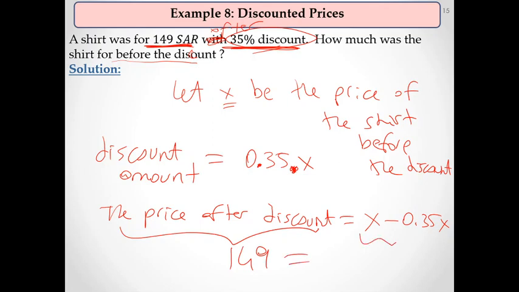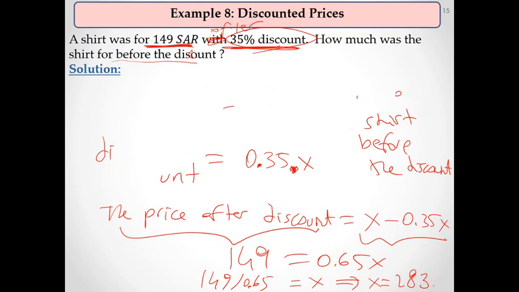So when you do this, it will be 0.65x. Then you can divide both sides by 0.65, and after using a calculator, you will get x equal to 229 something.